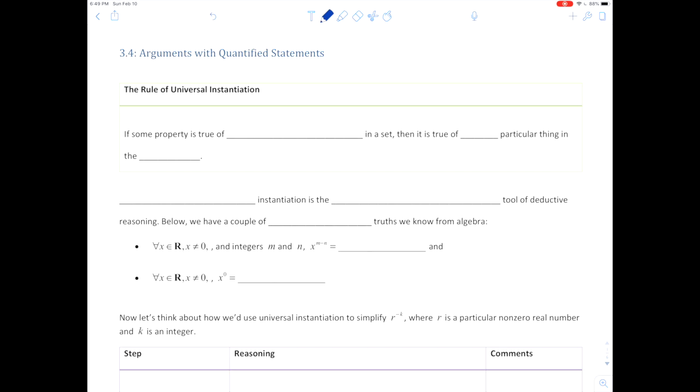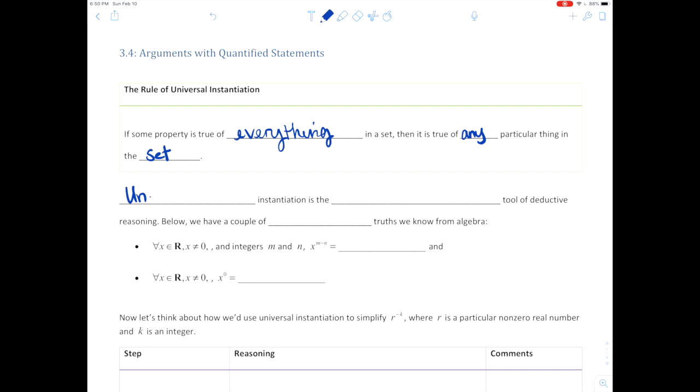First off, let's talk about the rule of universal instantiation. If some property is true of everything in a set, then it is true of any particular thing in the set, all right?